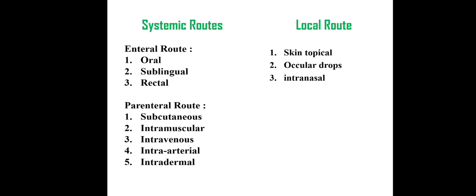In local route, we will learn about the skin topical, ocular drops and intranasal routes. So these are all the routes of drug administration, which we will learn about in detail one by one.